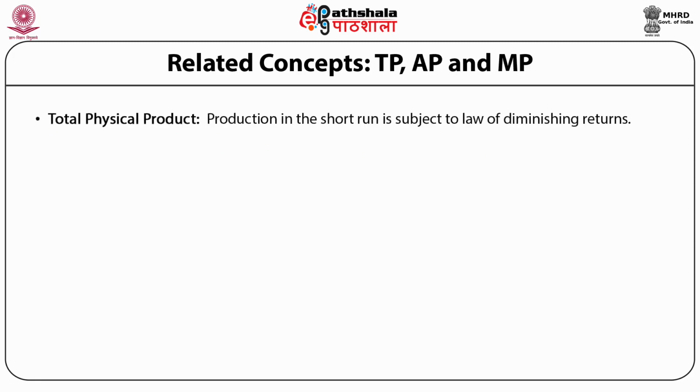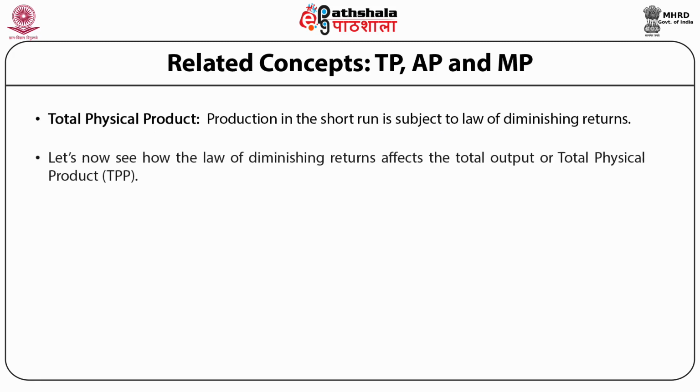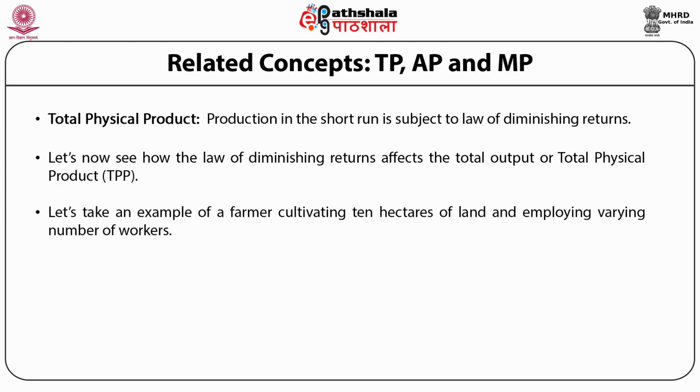Total physical product. Production in the short run is subject to the law of diminishing returns. Let's now see how the law of diminishing returns affects the total physical product, TPP. Let's take an example of a farmer cultivating 10 hectares of land and employing a varying number of workers.